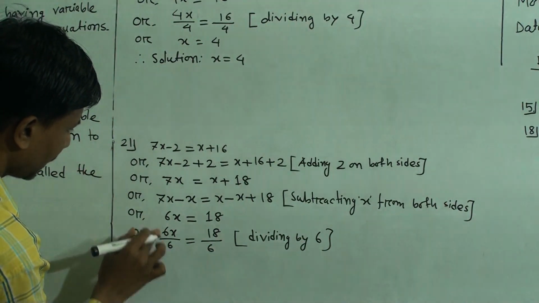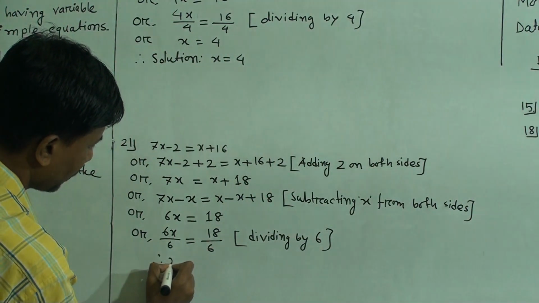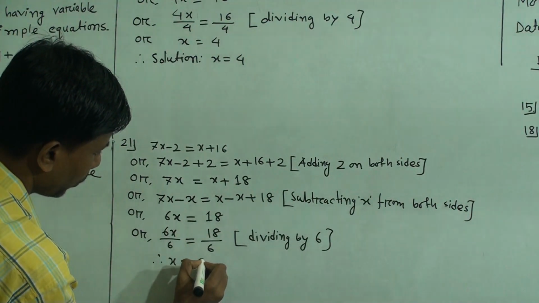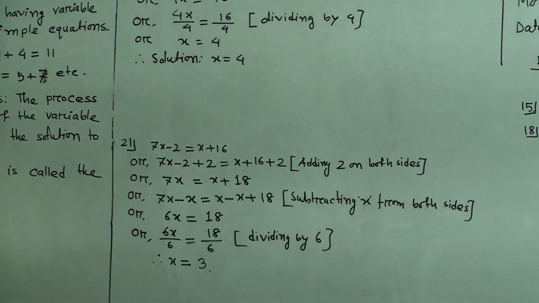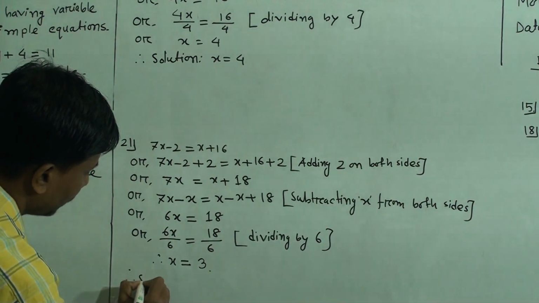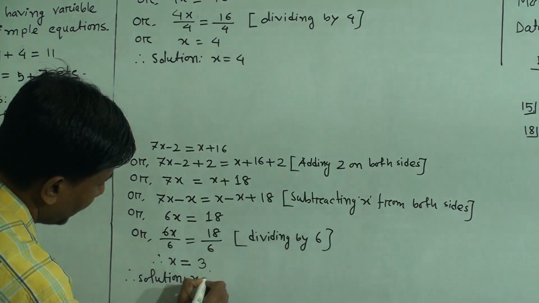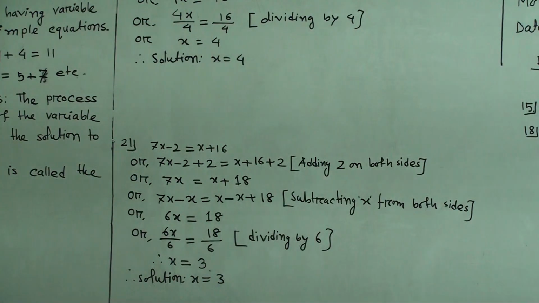Dividing by 6, then 6 and 6 vanish. Then if you divide 18 by 6, then you get what? 3. Okay student, so therefore write the solution x equal to 3. Okay student, I hope you understood.